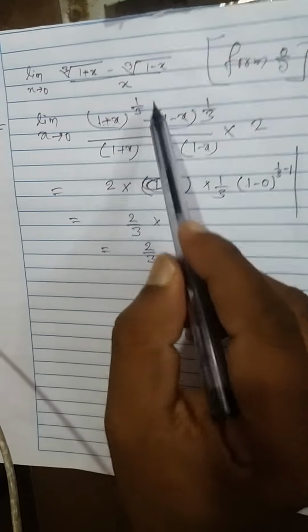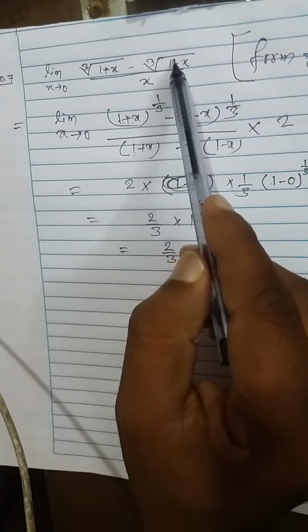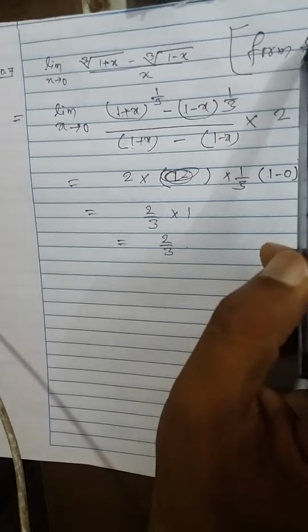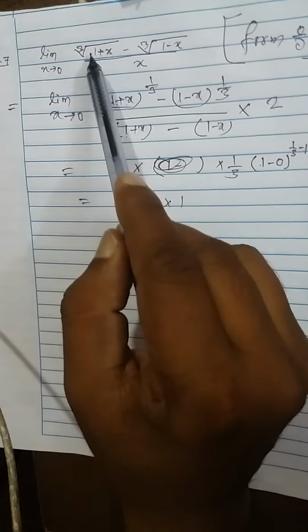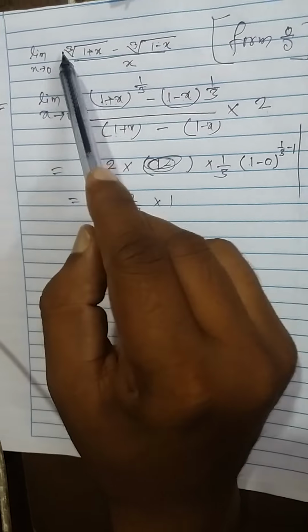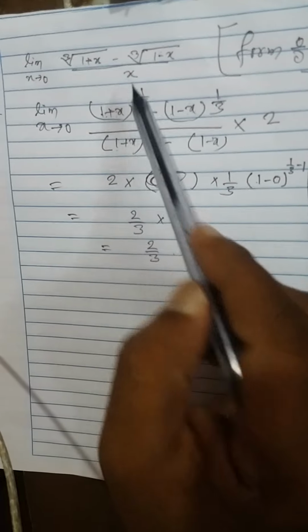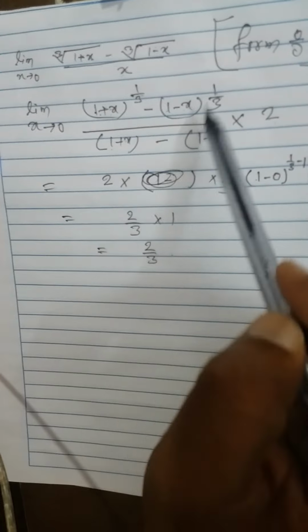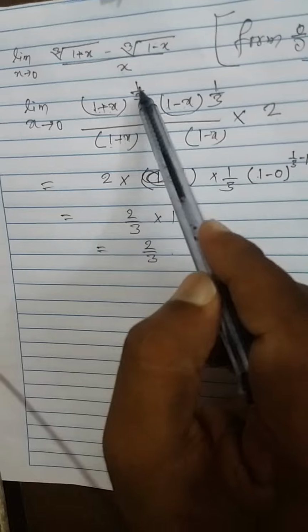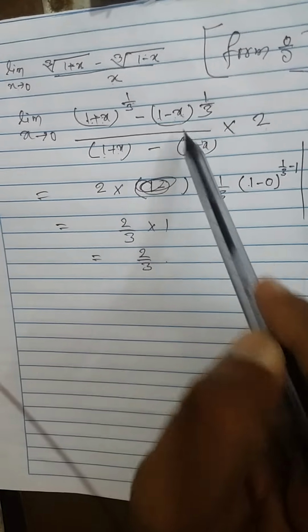Once again, I am going to tell you from the beginning. This question is limit x approaches 0, third root of this minus third root of this, by x. If you substitute x equal to 0, this is going to take the form 0 upon 0. So we have decided to use the formula here. This third root is written as power 1 upon 3, this one as power 1 upon 3. Rather than x, we have changed this in the form of the formula, x to the power n, a to the power n, then x and a here.